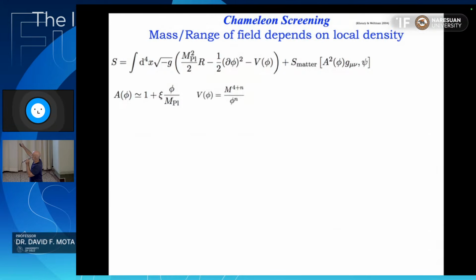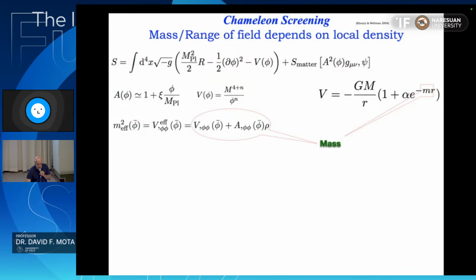I have a coupling to my matter fields, and this coupling can be linear with a given constant strength. And the whole idea is that the traditional Yukawa correction, the exponential of the mass, now has a mass that depends on the environment, because my mass comes from the second derivative of the effective potential. So my mass will depend on rho, that's the whole idea.